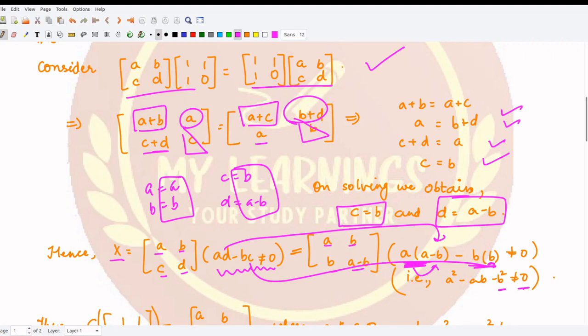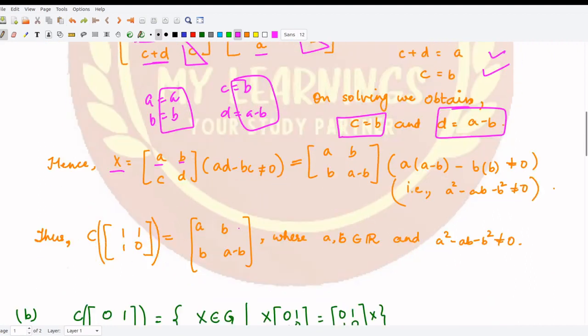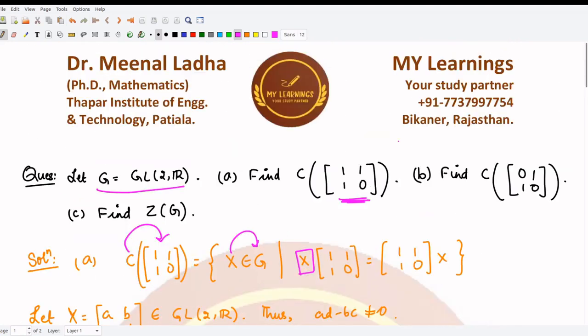So this is the centralizer of the given matrix 1 1 1 0, where the entries are taken from the set of real numbers, and we have this condition holding for this particular matrix, correct.